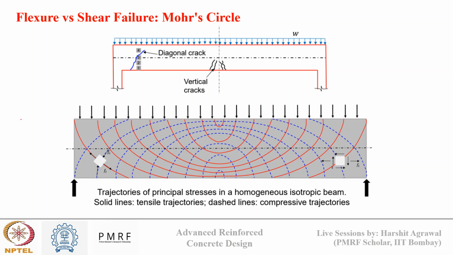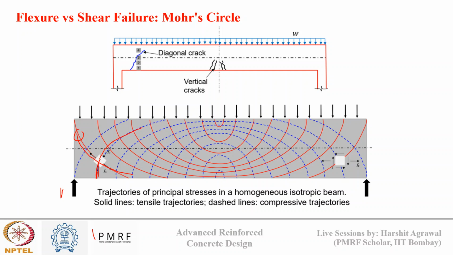Okay, so you can see here, this figure represents the principal stresses in a homogeneous isotropic beam, and this solid red line shows the tensile force trajectory, how it is changing, and the blue dotted line shows the compression force trajectory, how it is changing. So based on this, we can estimate how the crack will grow. Here, the principal stress will propagate at this angle.